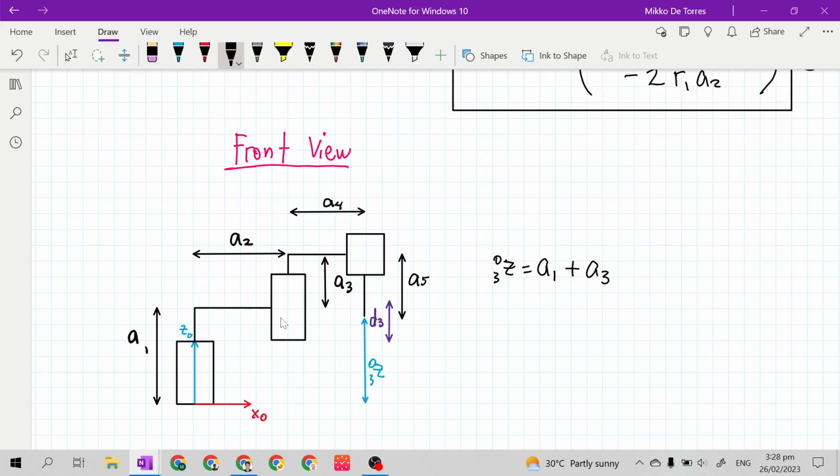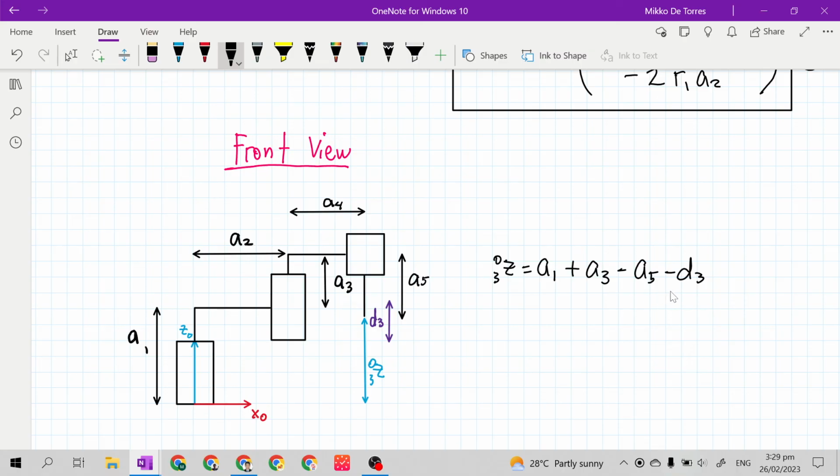A sub 1 and A sub 3 are links of elevation of our kinematic diagram. Then minus A5. The link of A5 will point downward, and minus D3, because the direction of our end effector is downward.